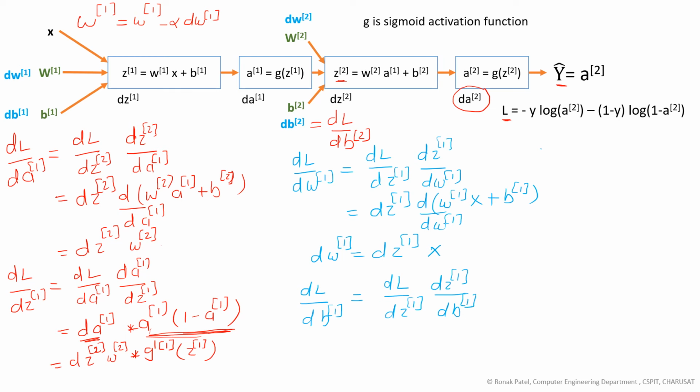So the first term is dZ1, right? And dZ1 we have calculated here. dZ1 into dZ1 upon dB1. What is that? This derivative, but now the variable that we have is B1. If you find that derivative, what will you get? You will get 1.